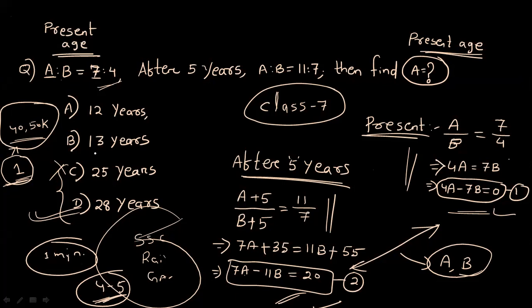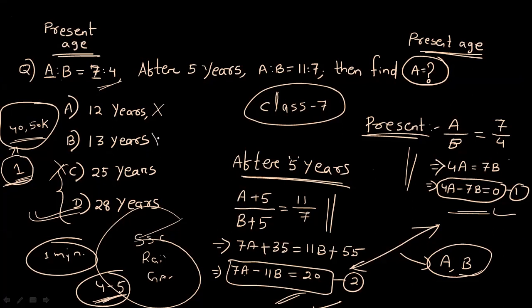Now you check in the options. Which one is a multiple of 7? First option, 12 years. If I assume present age of A is 12 years, is 12 a multiple of 7? No. So 12 cannot be the right answer. Second option, 13 years. Is 13 a multiple of 7?